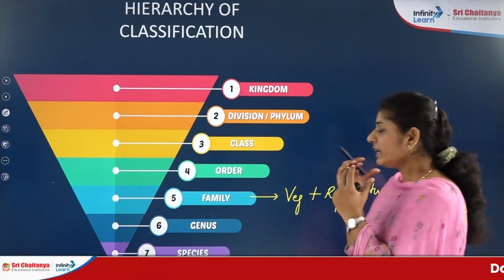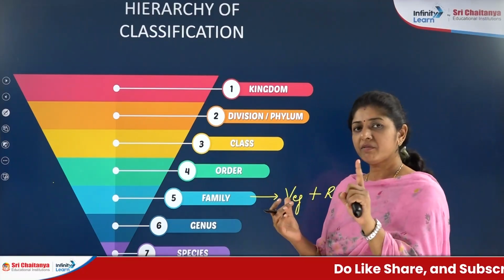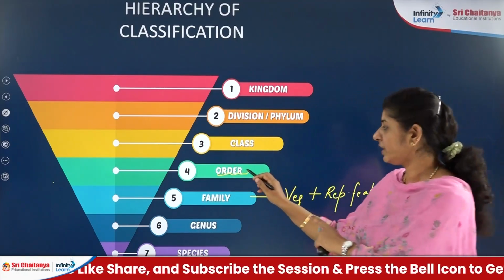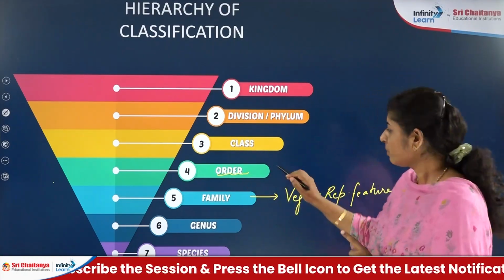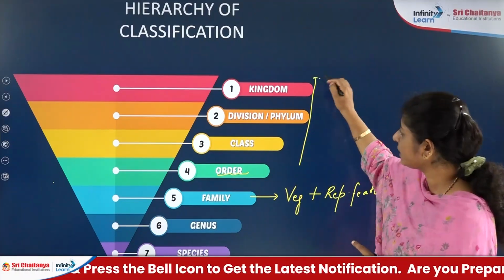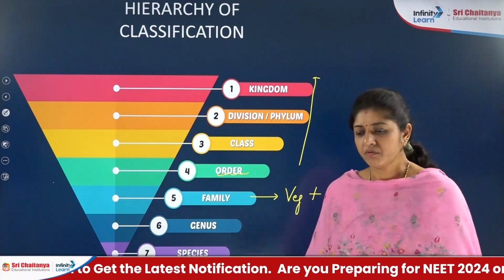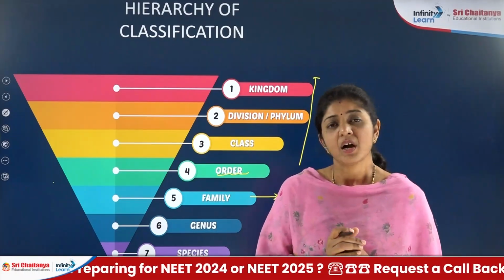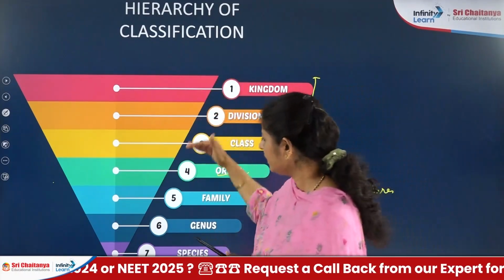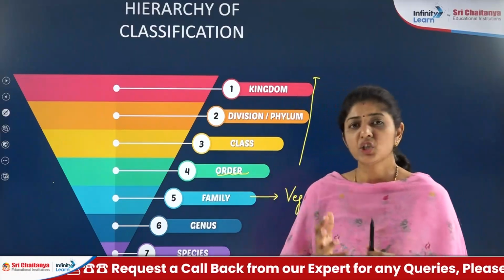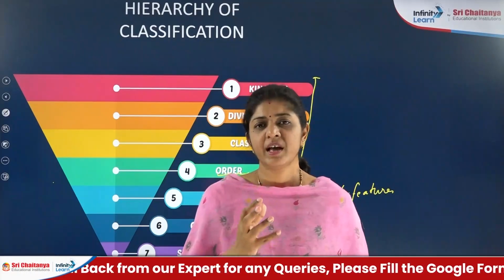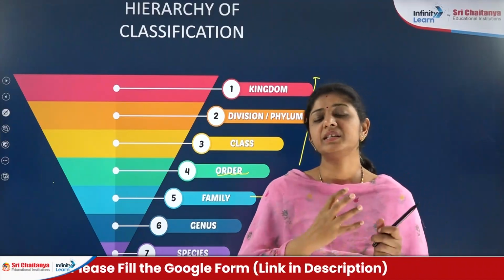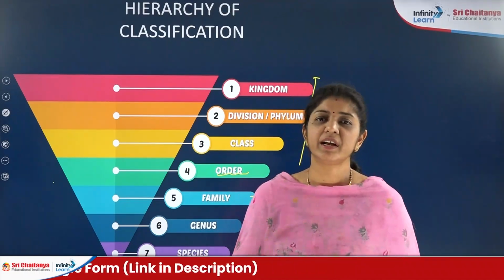Now a group of related families creates one order, which you take as higher than the family. Now from order onwards, as the common characters decrease, we take them as an aggregate of characters only. Otherwise, every level is not merely an aggregate of morphological characters. These are distinct biological entities.